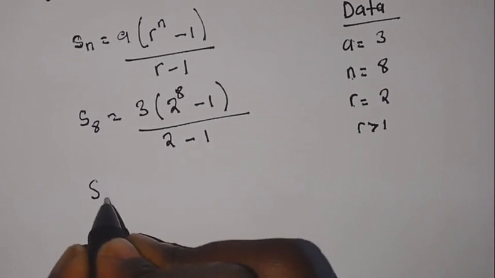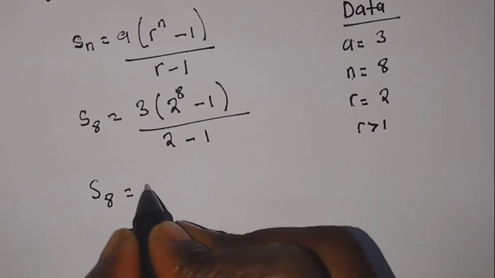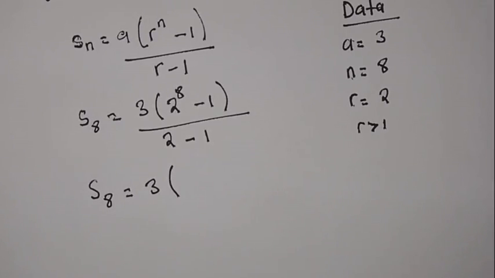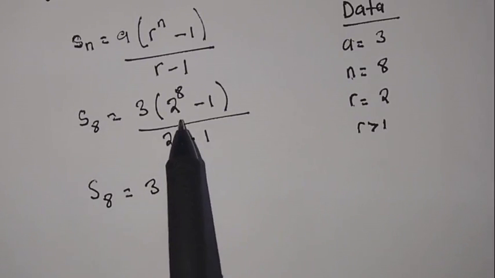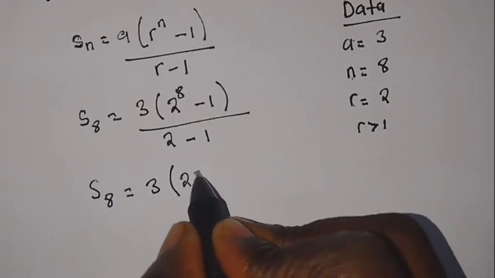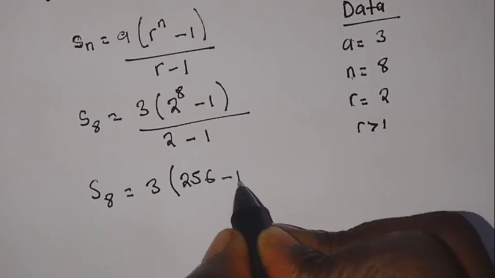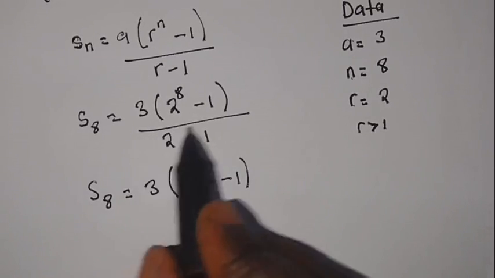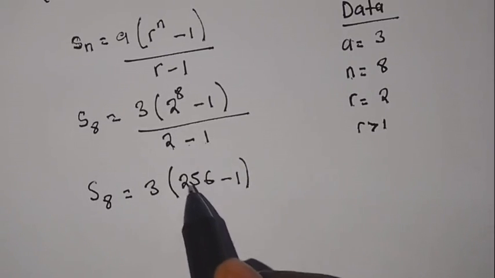So it's just a matter of working out. You just say S subscript 8 equal to 3, open bracket. Here you get your calculator, 2 raised to the power of 8. This will give you 256 minus 1. Here 2 minus 1 is 1.